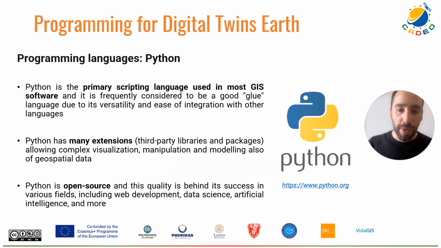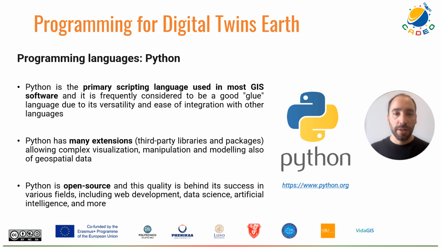So let's start by mentioning Python first. Python is the primary scripting language employed in most GIS software. It is often praised as a glue language due to its ability to seamlessly integrate with other languages and systems. One of Python's strengths lies in its extensive collection of third-party libraries and packages.